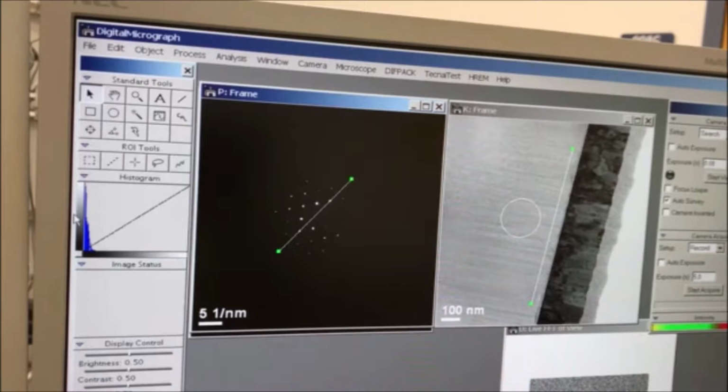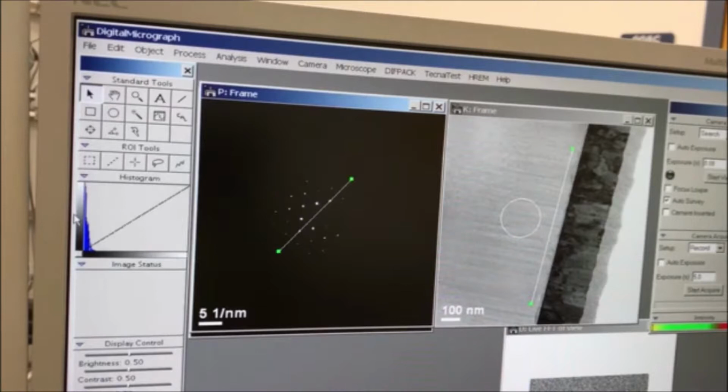Again, I'm picking alpha because my sample is in principle eucentric with an alpha tilt adjustment. So what happens when I do that is I end up creating a ring or a circle in my diffraction pattern, which is called a Lowy circle.